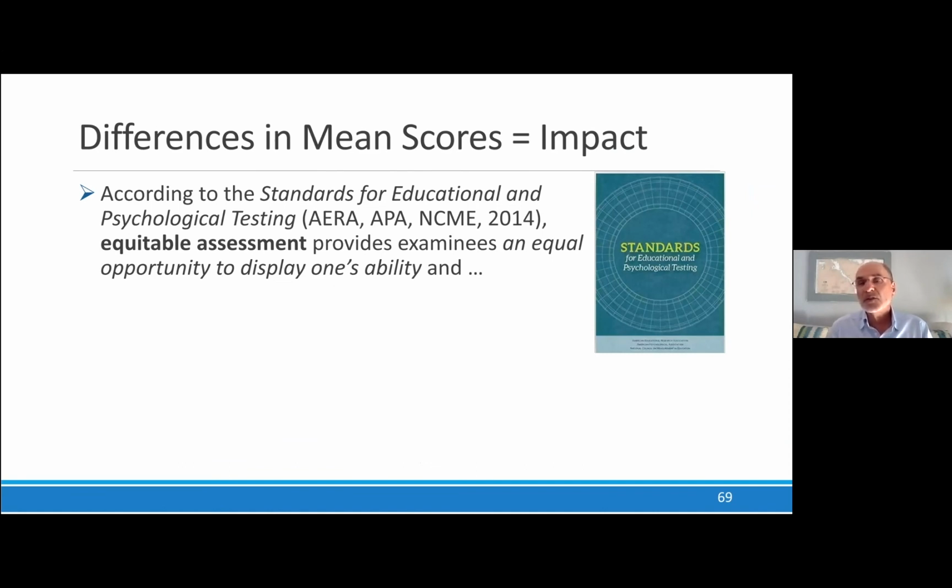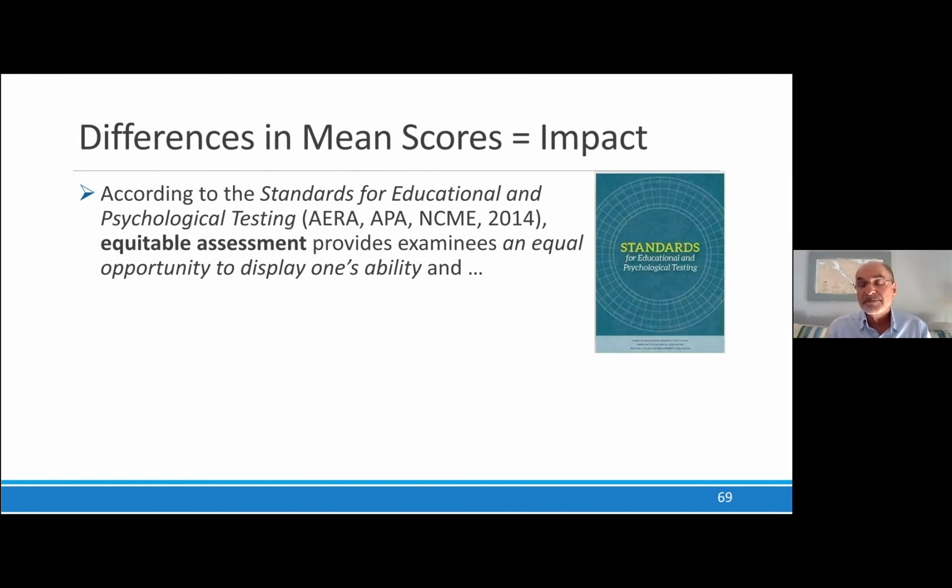Test bias usually described as psychometric bias. And lots of times people will say, oh, we've taken all of the test bias out of our test. But they don't talk about the equitable assessment piece.